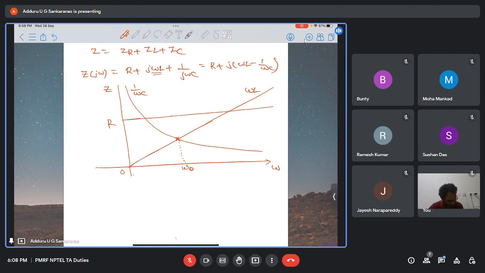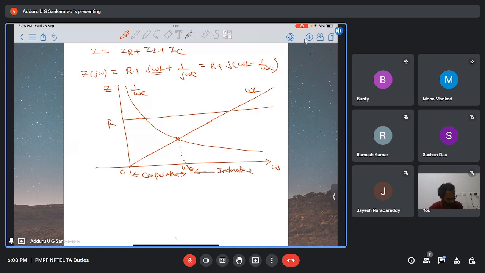If you see below omega naught, for frequencies lesser than omega naught, the impedance of the capacitor is more compared to the impedance of the inductor. So here capacitive dominance will be there. The circuit is capacitive, and above omega naught the impedance of the inductor is more, so here the circuit is inductive.